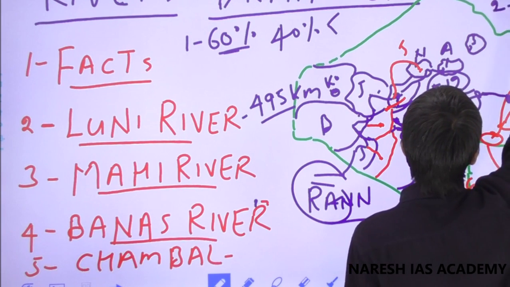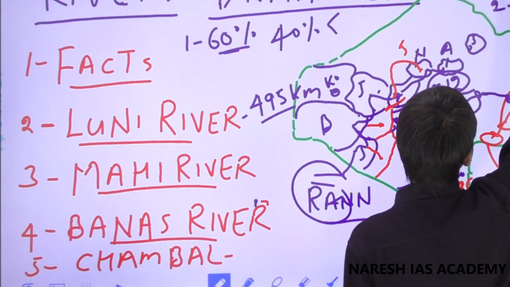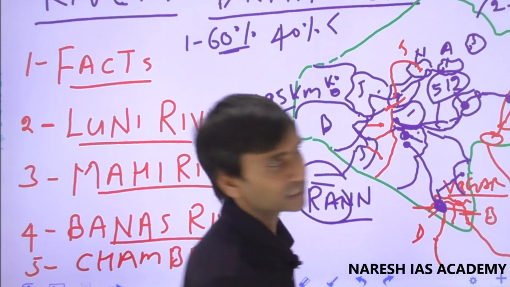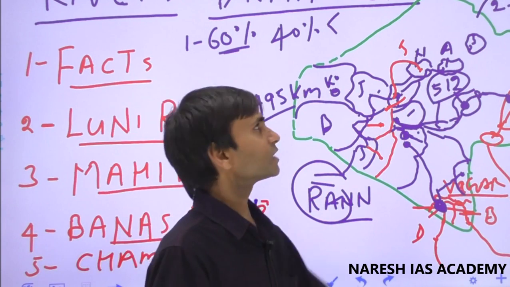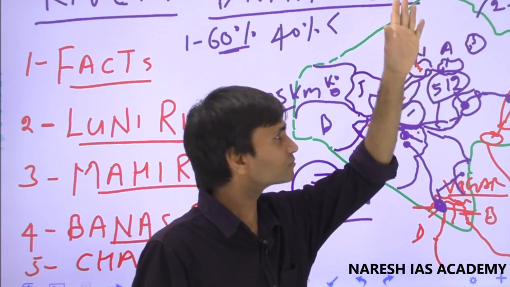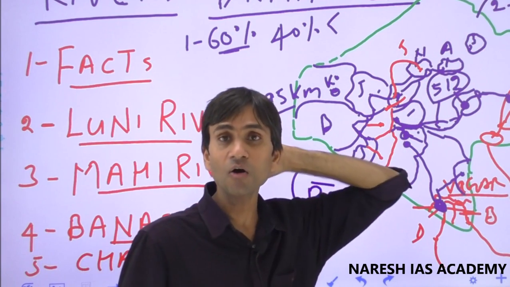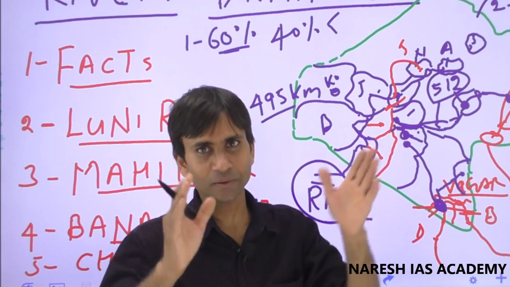From the northernmost side there are two important facts. One is that there was an ancient Ghaggar river. The Ghaggar river historically originates from Himachal Pradesh and flows through Rajasthan, but now it is an extinct river.